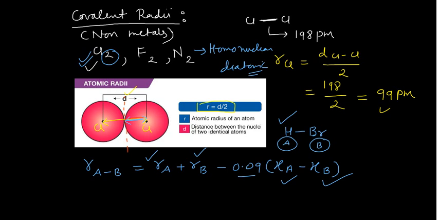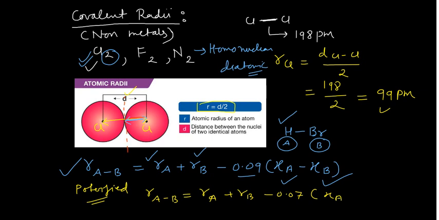Later on, this formula was modified by a certain expert, and fortunately I remembered that name: Pauling, actually Schomaker-Stevenson and Porterfield. He changed this formula to another formula, Rab equals Ra plus Rb minus 0.07 times (chi A minus chi B) squared.